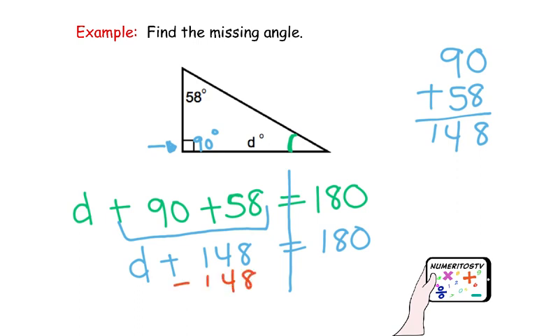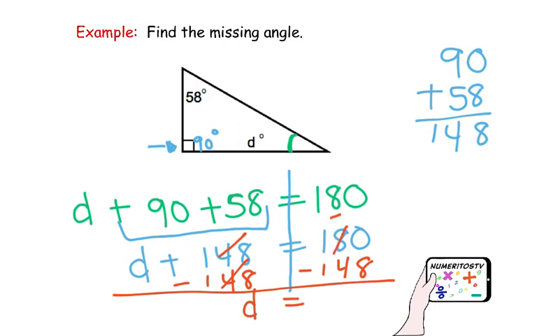So I need to subtract 148, but to balance my equation, I do the same thing on the other side. So I have D left, and I do the subtraction. So again, I need to borrow, 10 minus 8, that's 2. 7 minus 4 is 3, and this is 0, so 32.